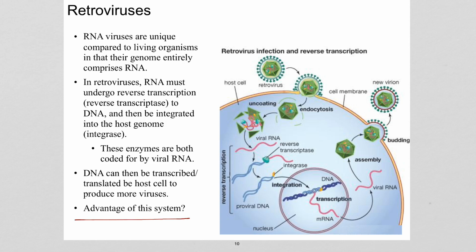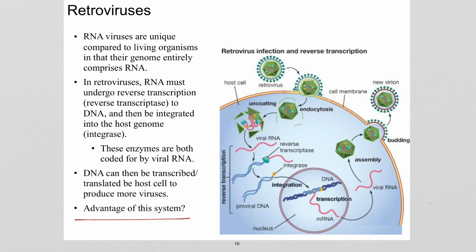The advantage of this system for the virus is it's making itself permanent. It's almost impossible to get rid of at that point. Your immune system can't cut chunks of DNA out of your own chromosomes. So it's a devastating strategy from the perspective of the patient.